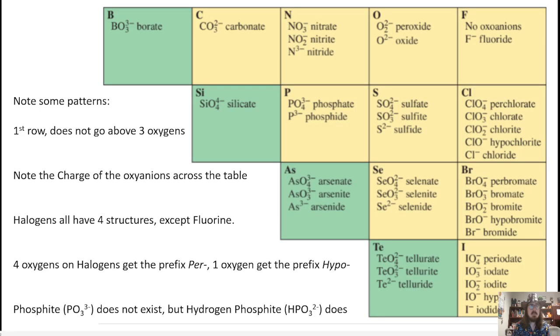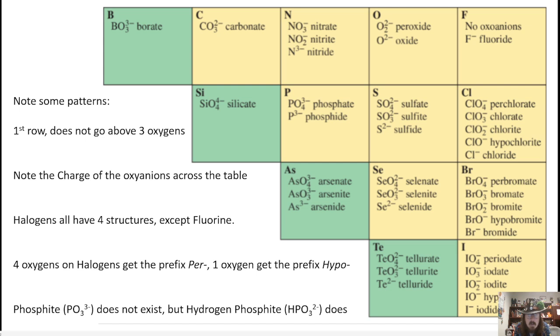Now, here is this massive pattern. I want to first go through it and then explain it. For boron, we have borate, BO3, 3-. Moving to the right, we have carbonate, CO3, 2-, and nitrate, NO3, 1 minus.